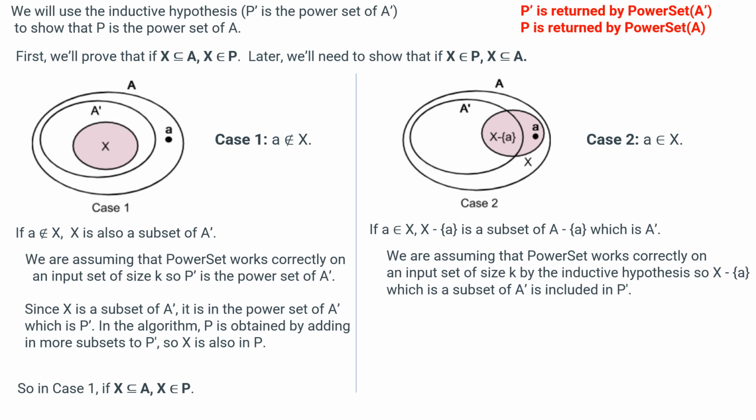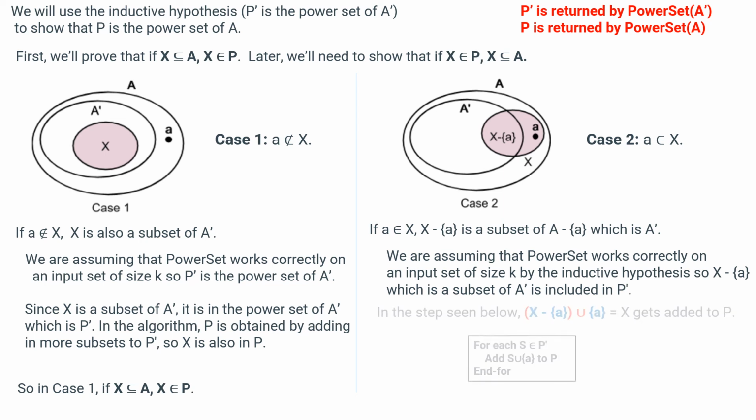So therefore, I would know that X minus A, which is a subset of A prime, should show up in P prime, because we assume that this algorithm works correctly, right? So we assume that P prime is the true power set. So we would know that X minus A is going to show up in P prime. But how will that let us know that X is going to show up in P?